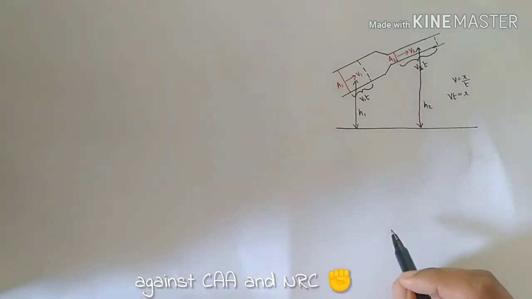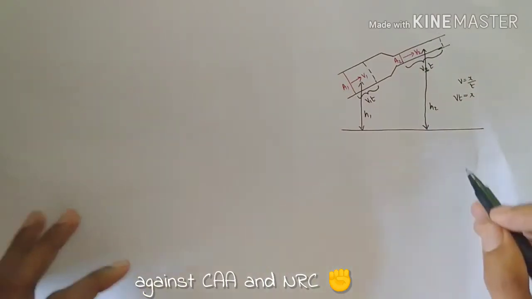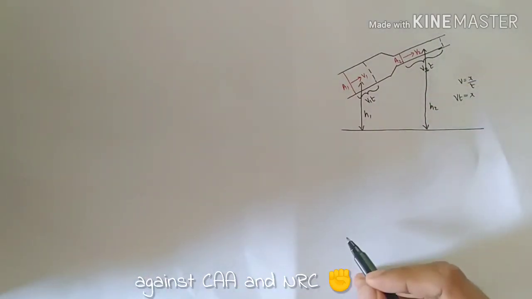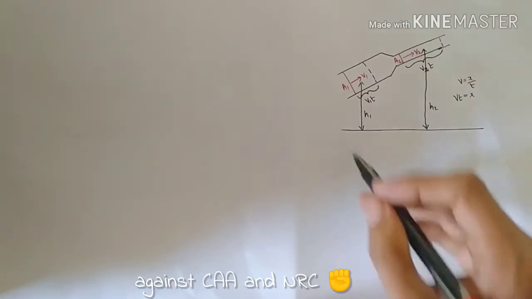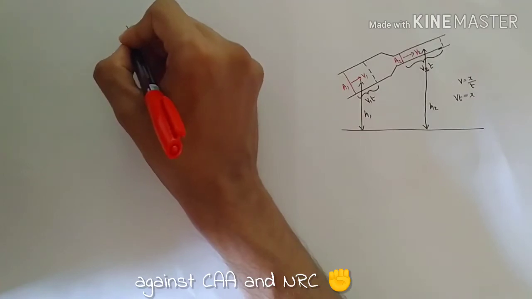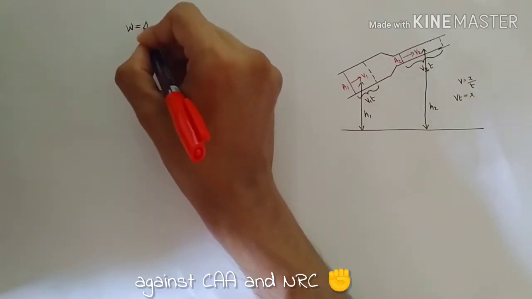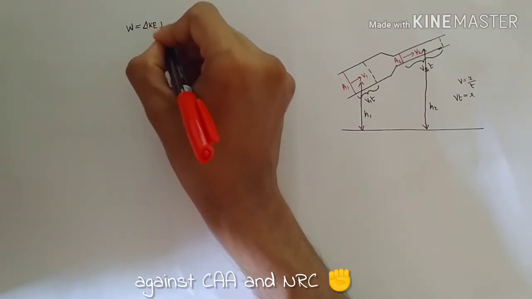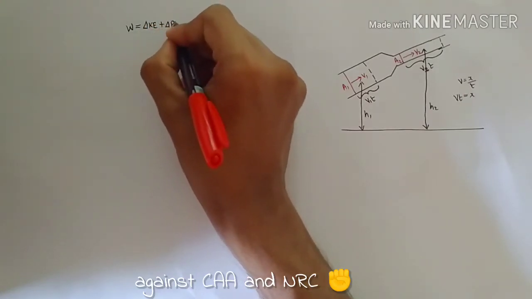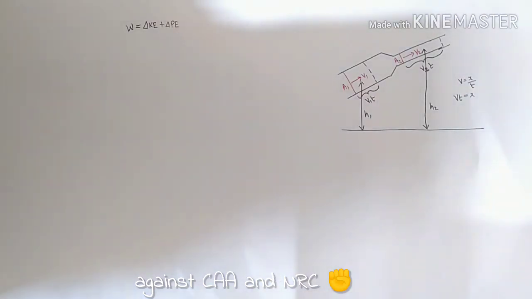Then we are going to find the net work done in this process. By the work energy theorem we know work done is equal to change in kinetic energy plus change in potential energy.